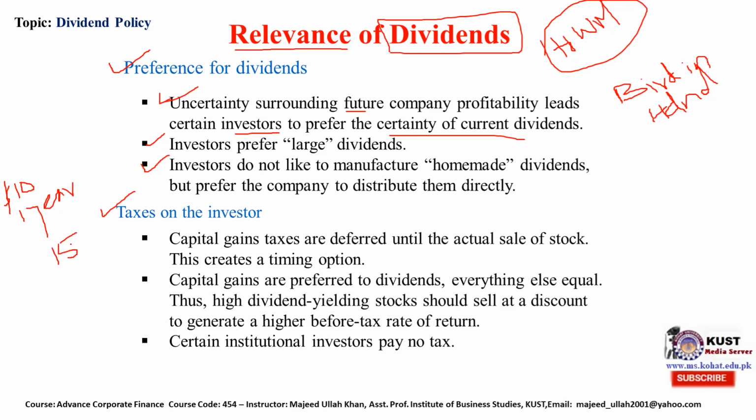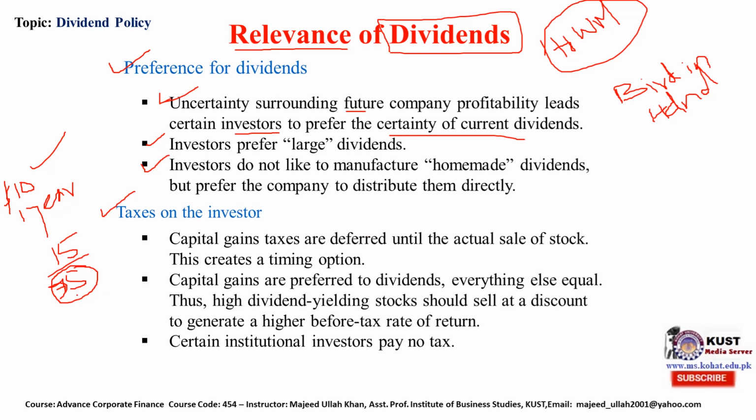So $5 is capital gain, meaning that is the value increase in your shares. You will pay a capital gain tax only when you actually sell the shares which you bought at $10. When the sale actually takes place, you will pay a capital gain tax.